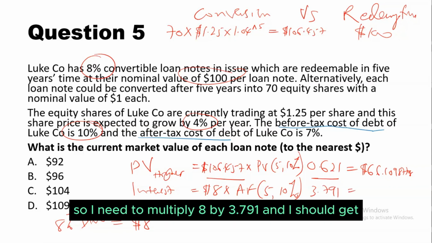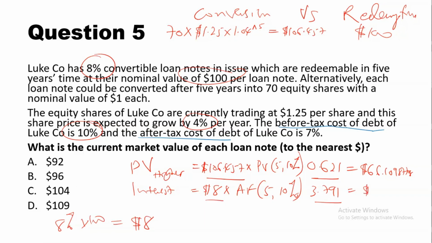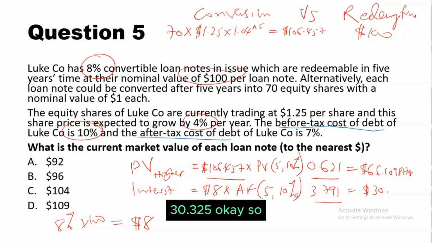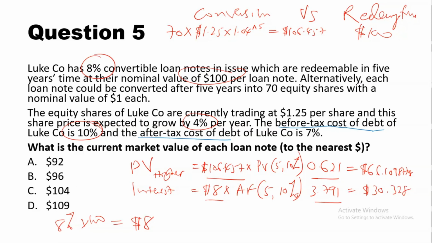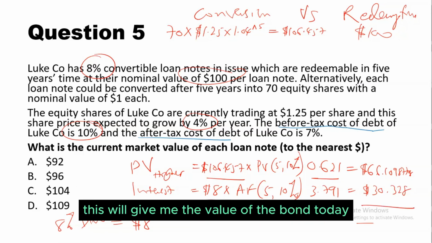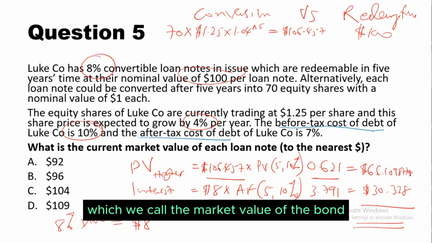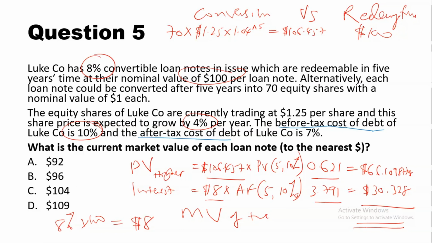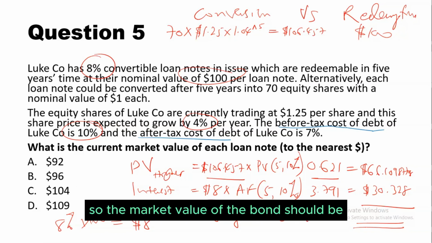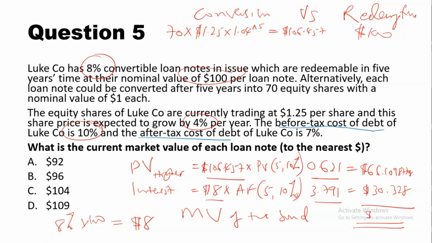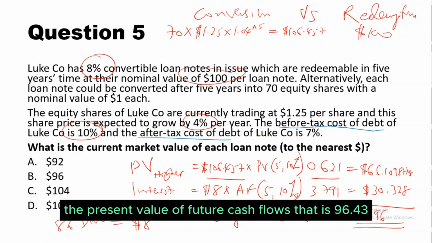So I need to multiply 8 by 3.791 and I should get 30.328. So this will give me the value of the bond today, which we call the market value of the bond. So the market value of the bond should be the present value of future cash flows.